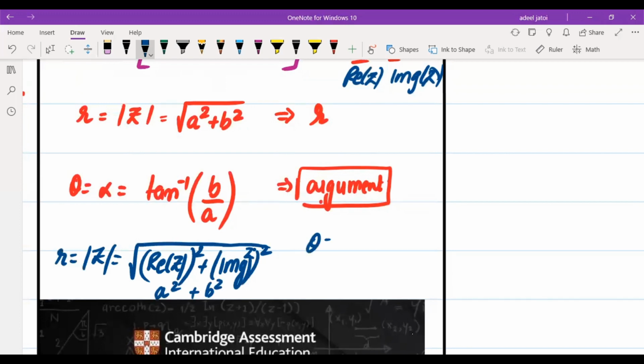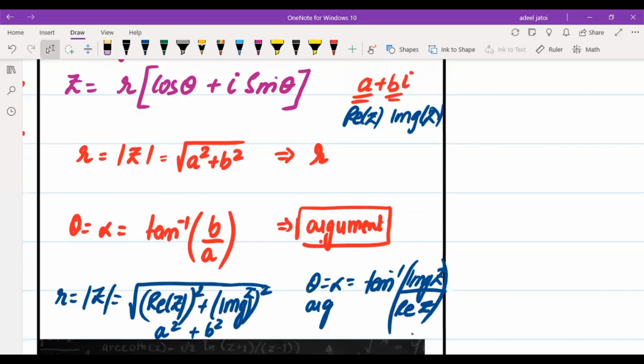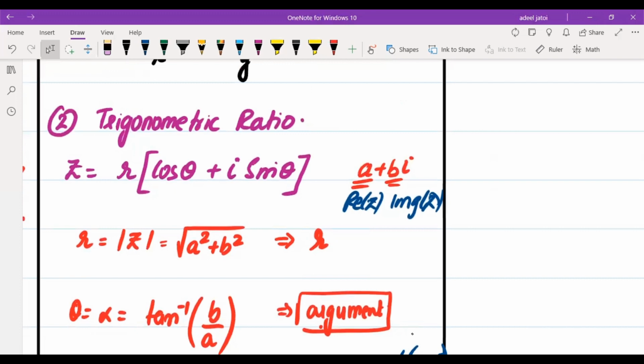For theta or alpha or argument, we have tan inverse of imaginary value of Z upon real value of Z. So to find out R and theta, we have the formula. When we find out theta and R, we substitute the values in the trigonometric form and we get the trigonometric form directly.